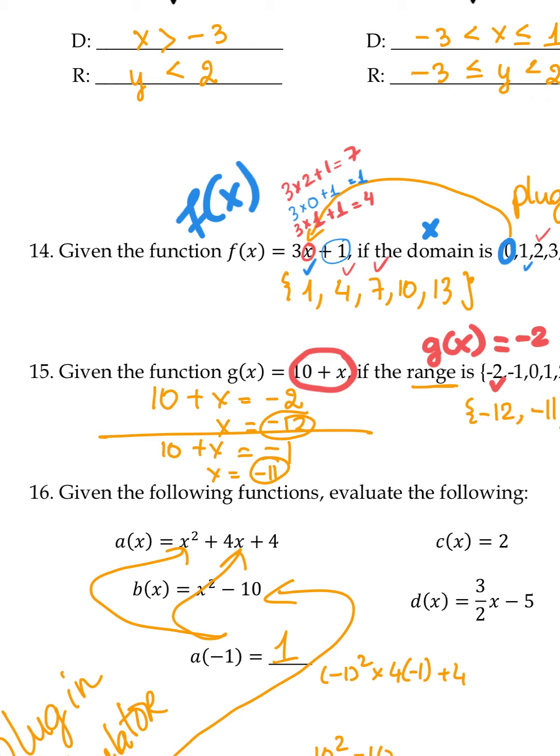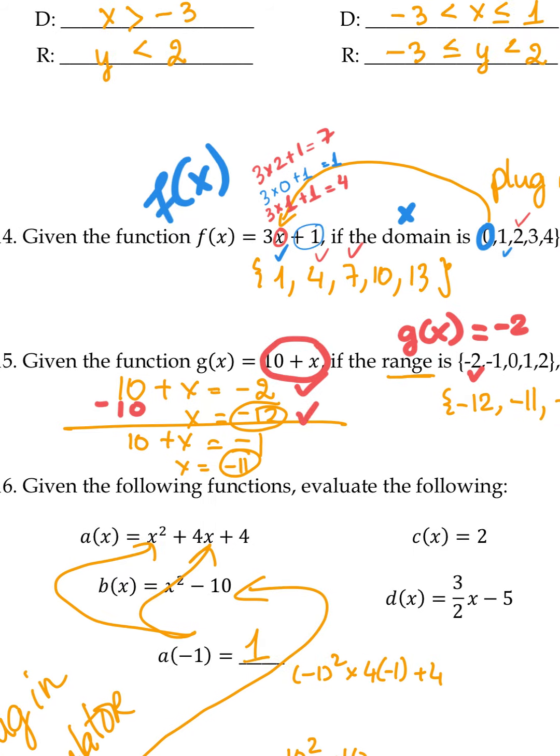Then I take away 10 on both sides: -2 minus 10, I have -12. Then my range is -1, so I set up my second function, 10 plus x, equal to -1. Minus 10 on both sides, -1 minus 10, I have -11.